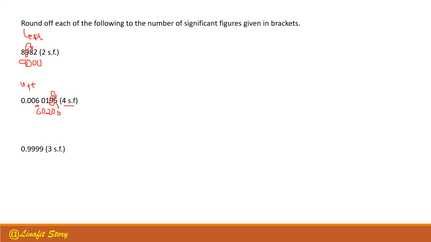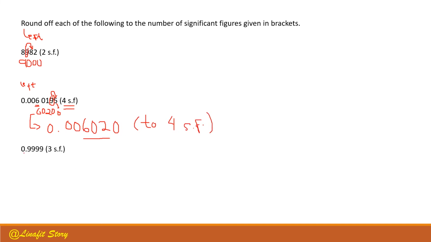Why? Because only four significant figures. So the answer is 0.00620. This is four significant figures.